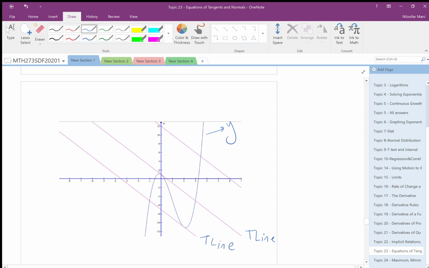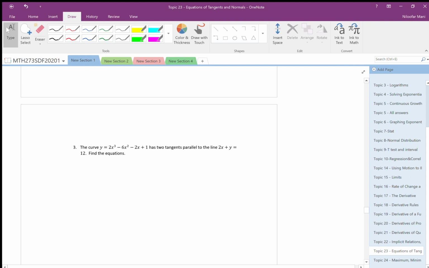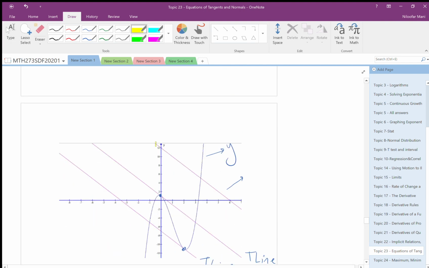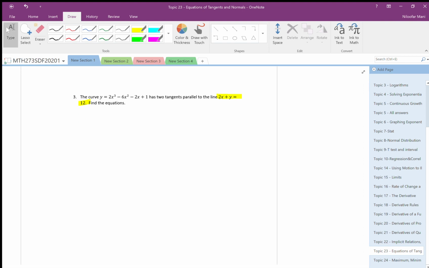Because look at this, it touches the graph in one point, and it is parallel to this line. So this has two tangent lines which are parallel to this.